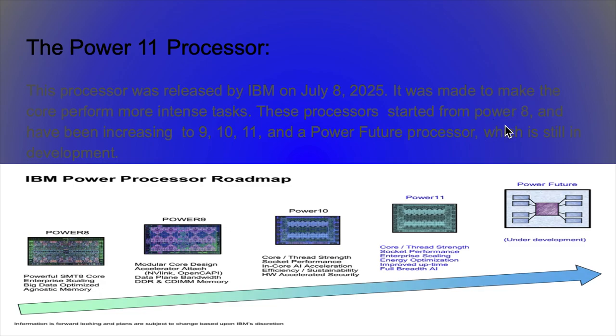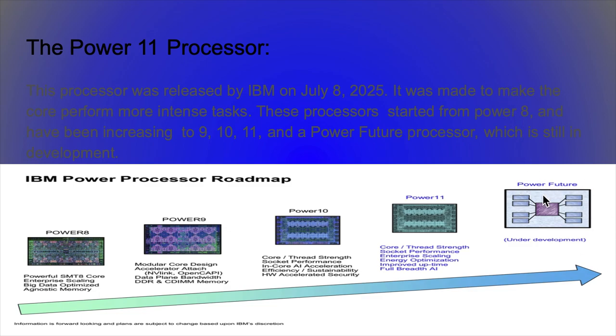So they started from roughly around Power 7, Power 8, and they have been increasing in complexity. They're similar processors altogether, but they have been adding things. It's like the iPhone. There's an iPhone 10, 11, 12, iPhone 15, 16, like that. These processors have also been increasing. There's been the Power 9, 10, 11 processor.